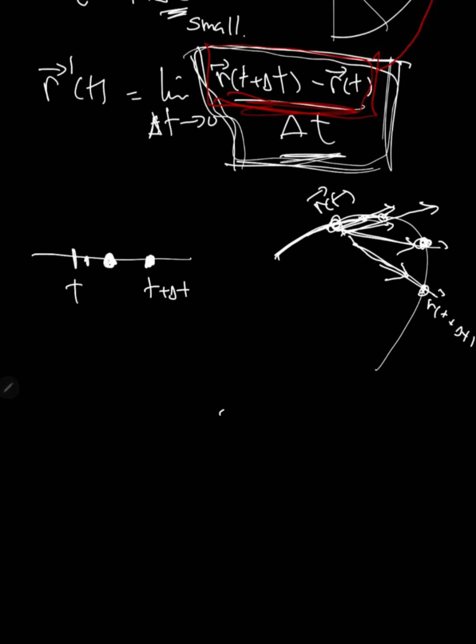So again, let me do another zoomed in view. Something like this, something like this. And remember in one variable calculus you would have called these secant lines.